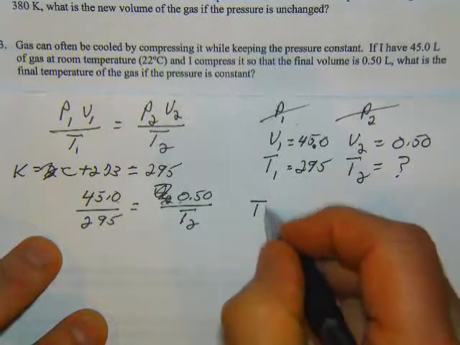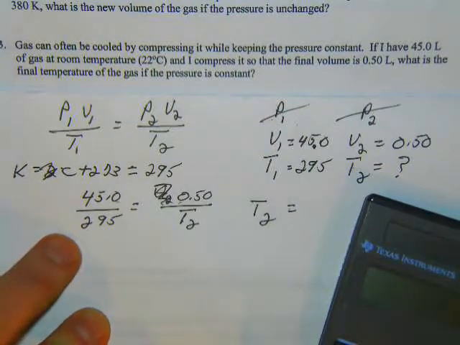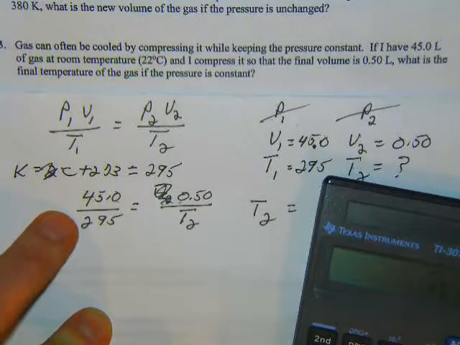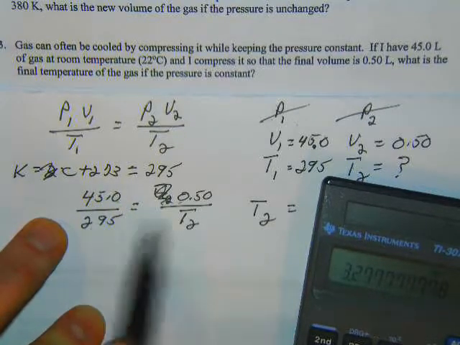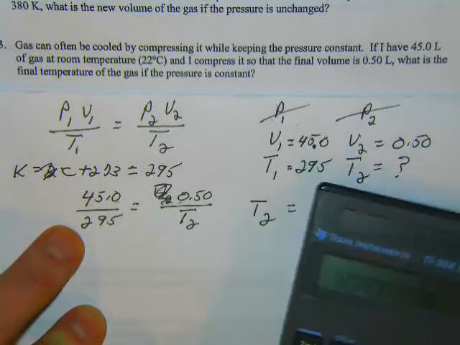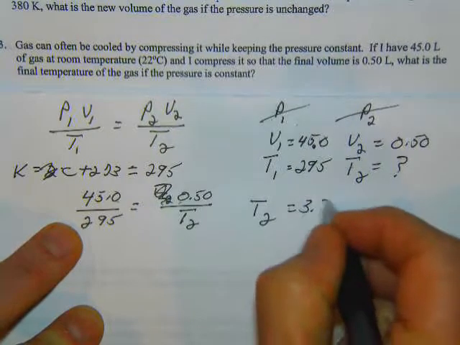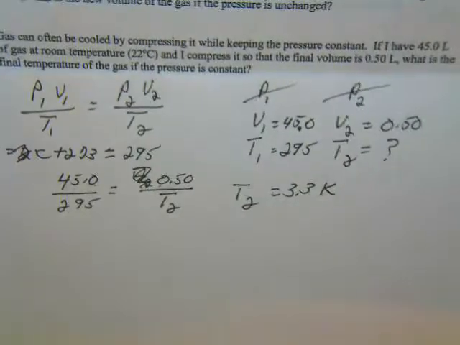So T2 equals 295 times 0.5, divided by 45, which equals about 3.27. We have 2 sig figs there, so we'll round that to 3.3, and that's going to be Kelvin. So that's number 3.